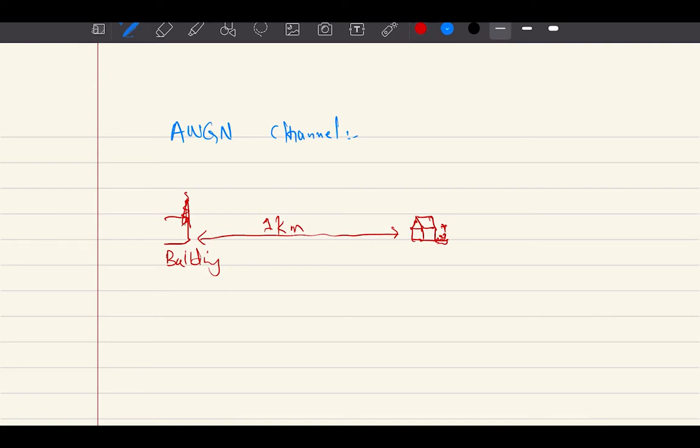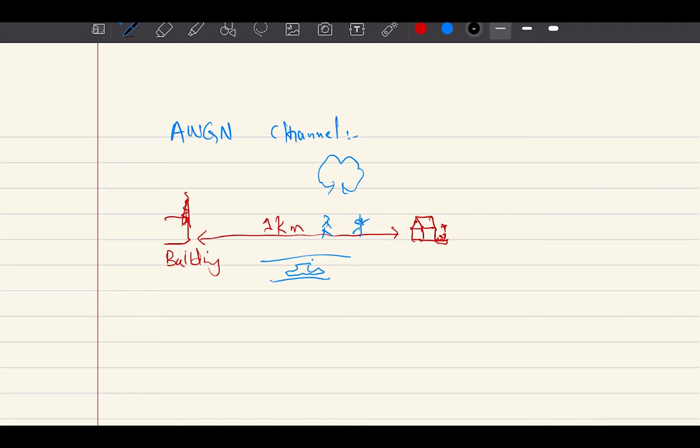For example, there are trees here, and then there are roads and some vehicles, and also a lot of other stuff, and people are moving here. Now this signal is transmitted.